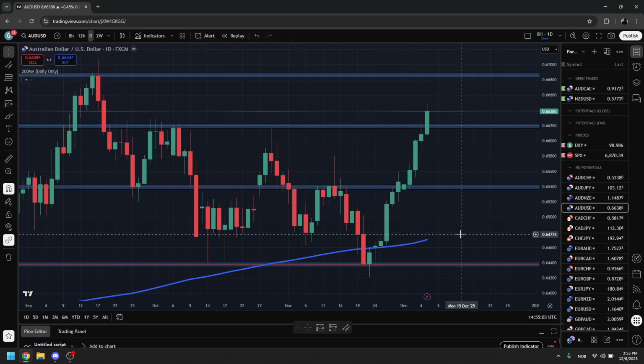So how do I know which SR line is the strongest? Like in the bottom, in the top, or in the middle? Like, most likely to reject price. I mean, it depends.